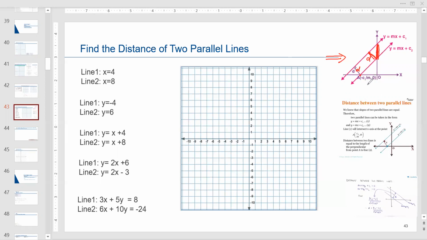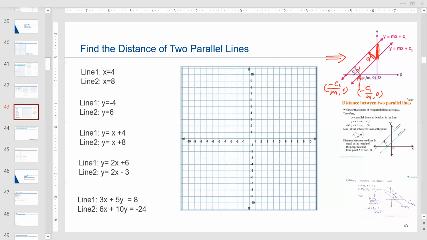You can pick any one. So A1, you can see A1 here is negative c2 over m. And what about this one? It's negative c2 over m, 0, right? So this one is negative c1 over m, 0.